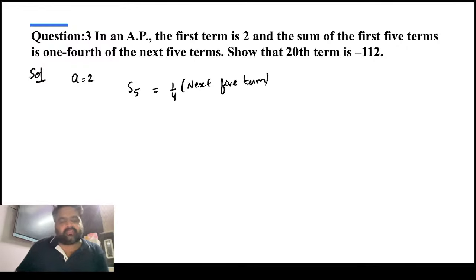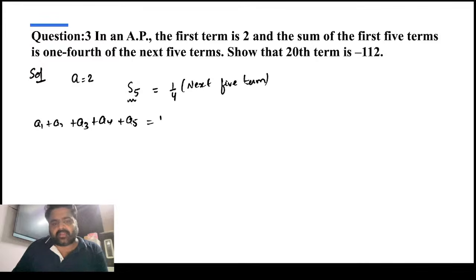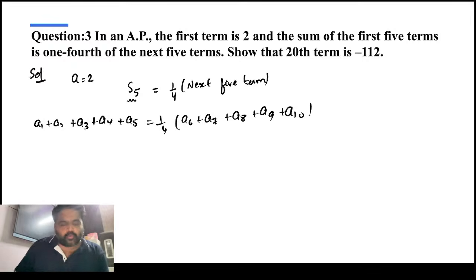Now, if we put the values, the sum of the first 5 terms, A1, A2, A3, A4, A5, is 1 by 4th of the sum of the next 5 terms, that is A6, A7, A8, A9, A10. Hopefully things are clear. A1 is A. A2 is A plus D. A3 is A plus 2D.